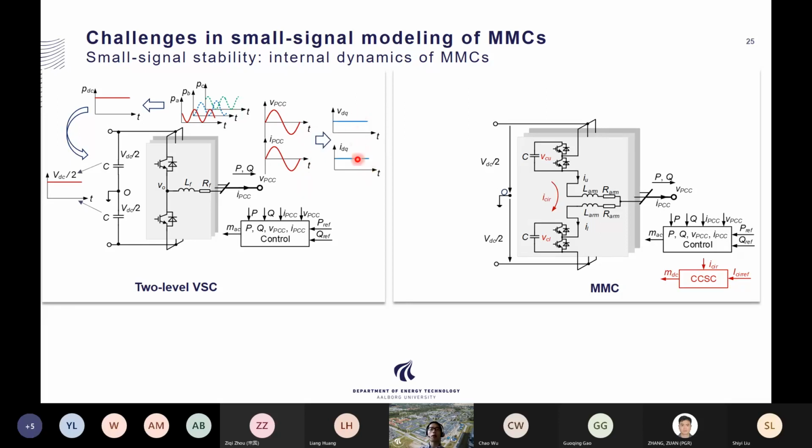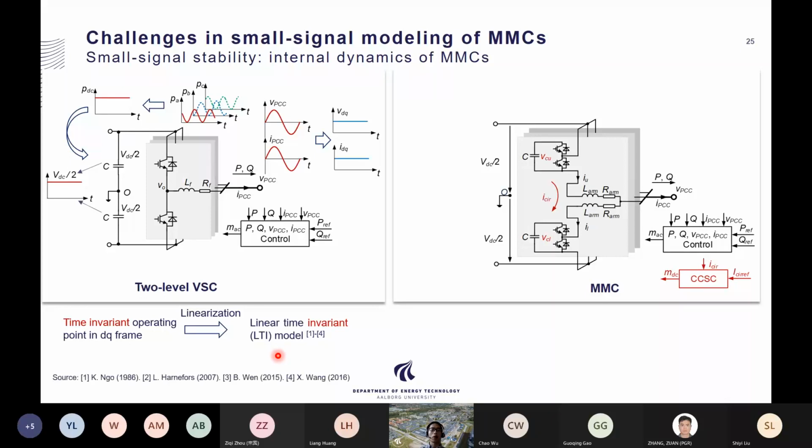In the DQ frame, we get constant voltage and current, and that makes small signal modeling very easy because we get a time-invariant operating point. We can always do the linearization on top of that and get the small signal model of the two-level VSC in the DQ frame. That is quite mature. People have been doing this study for more than 40 years.